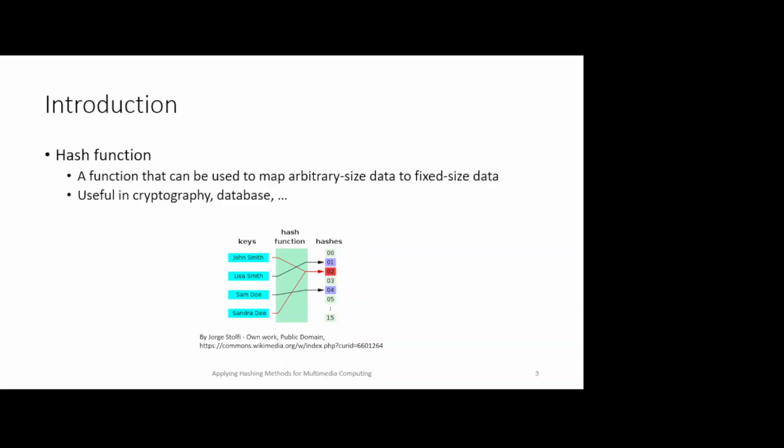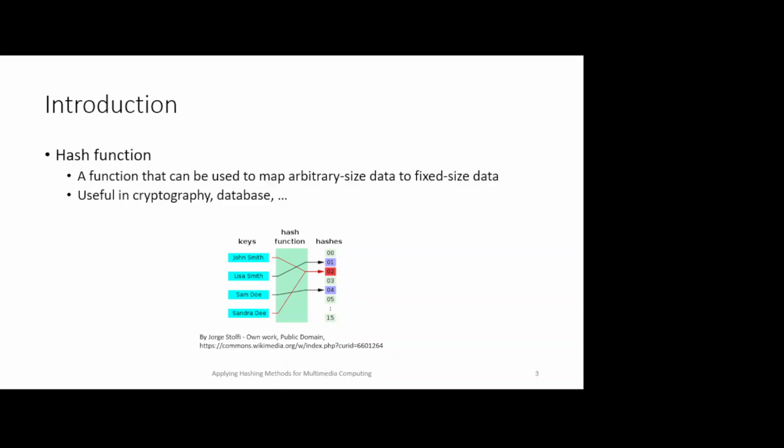And the last name, Sandra D. Through the hash function, it generates the hash value 02. It's the same as John Smith. So it means that generally, when you give different names, the hash function will give you different hash values.